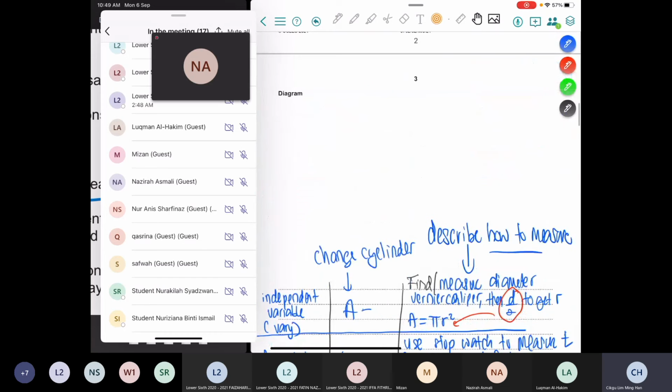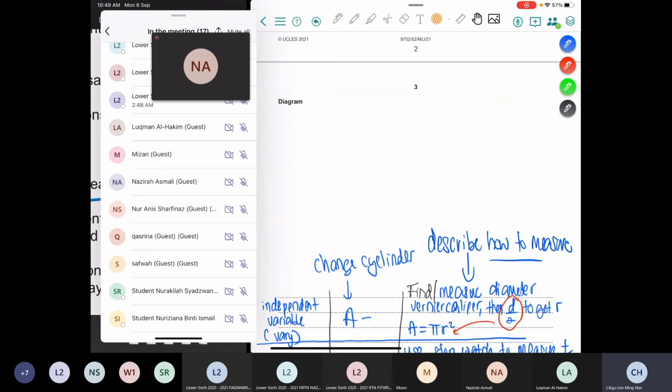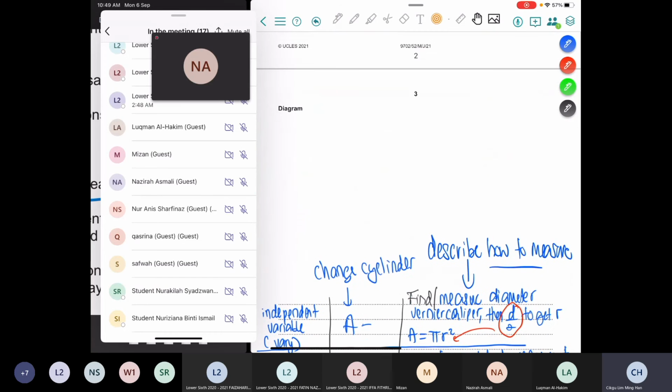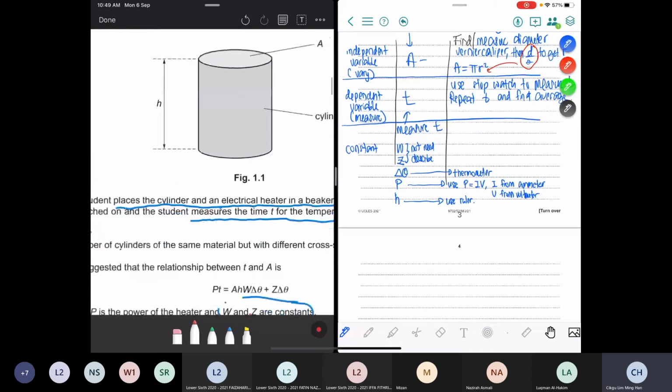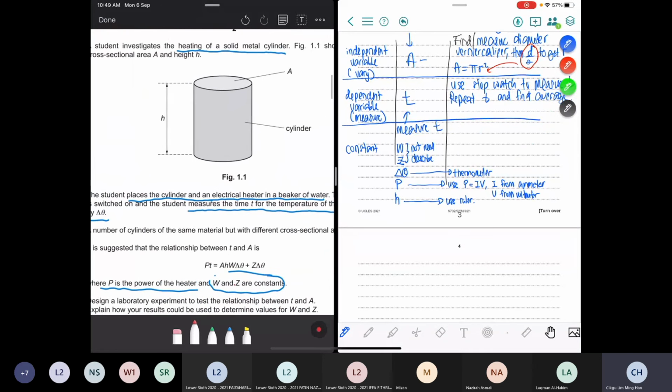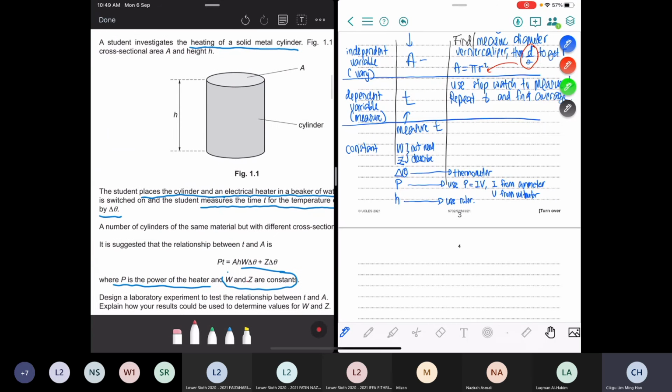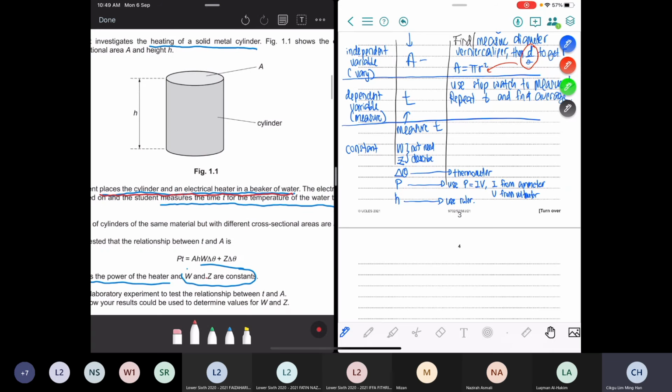So now let's go back to the picture. You have the cylinder. What you are going to do with the cylinder is place it in water. The student placed the cylinder and heater in a bigger water container.